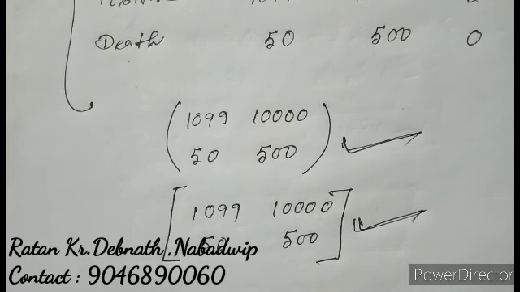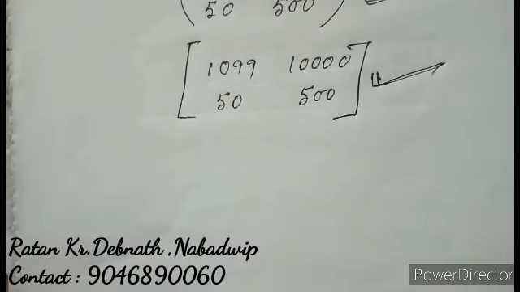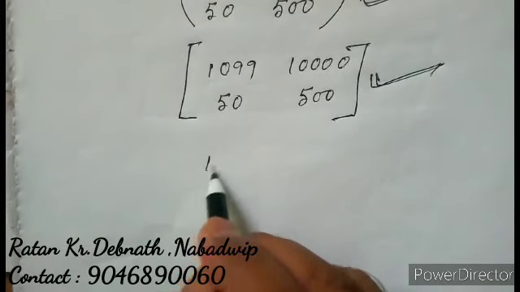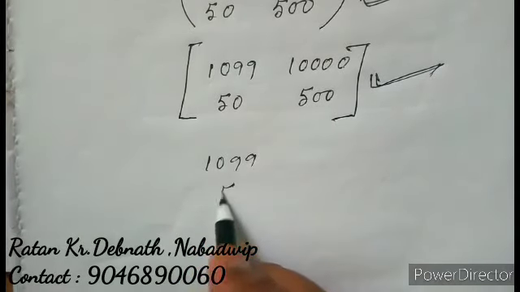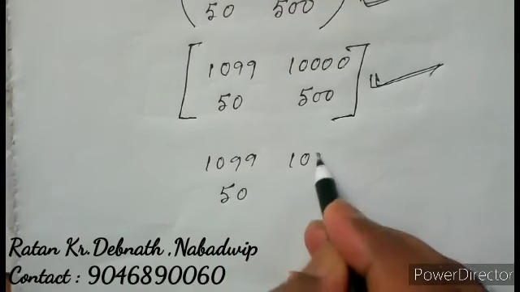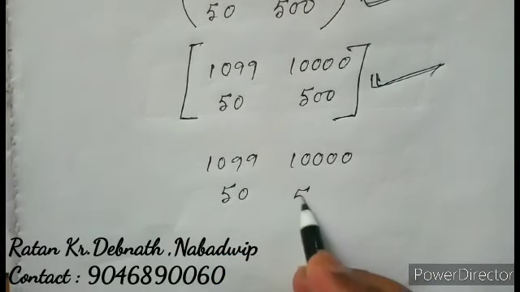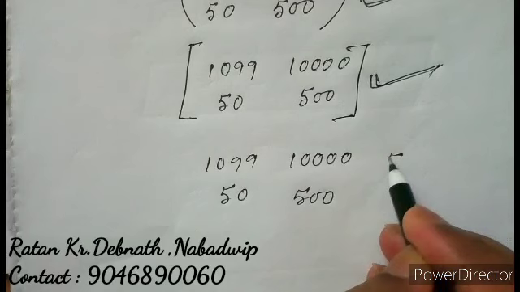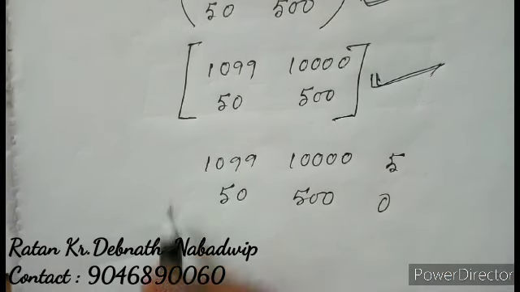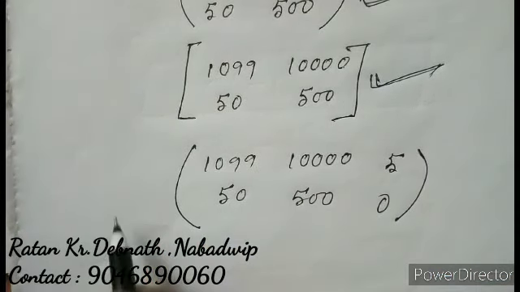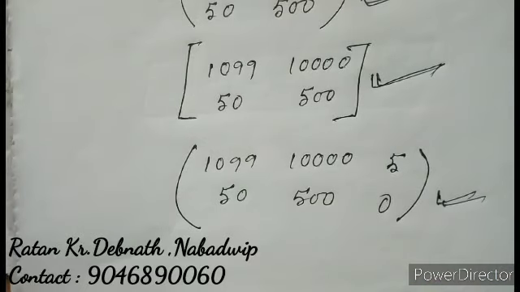I can also take the whole database like 1099, 50, 1000, 10,000, 500, 5 and 0. This is also known as a matrix.